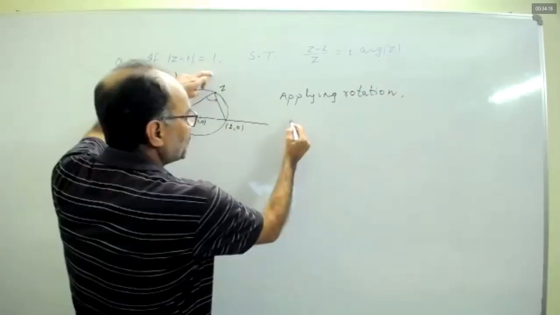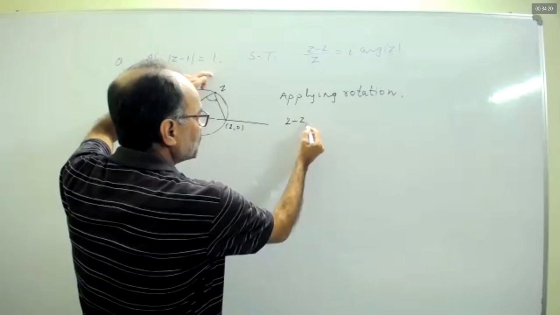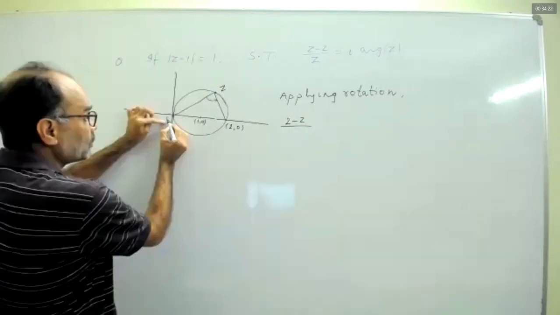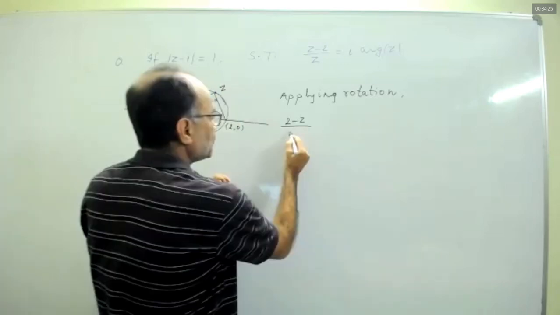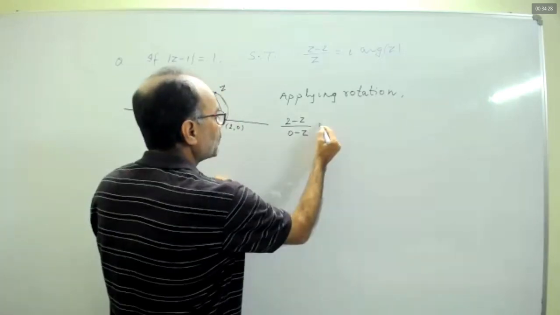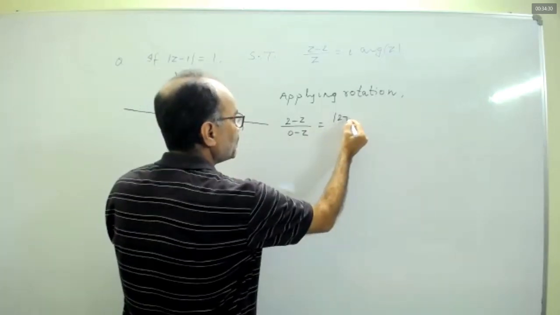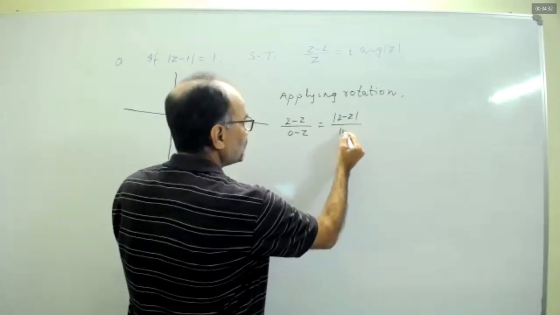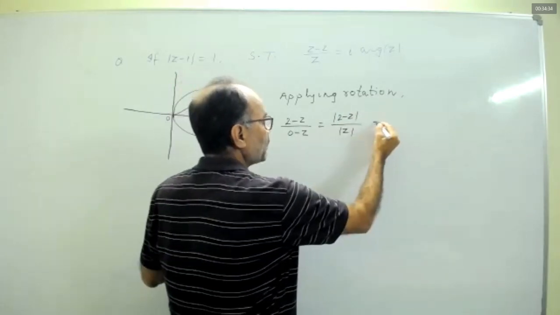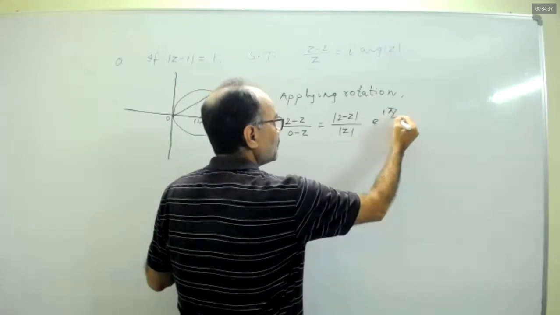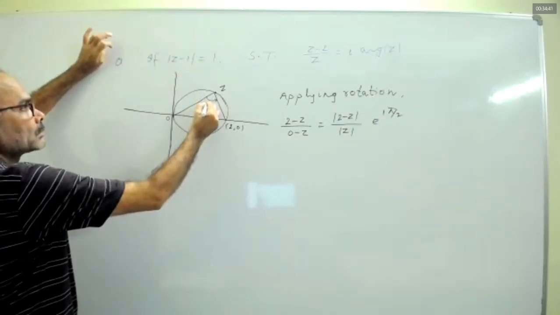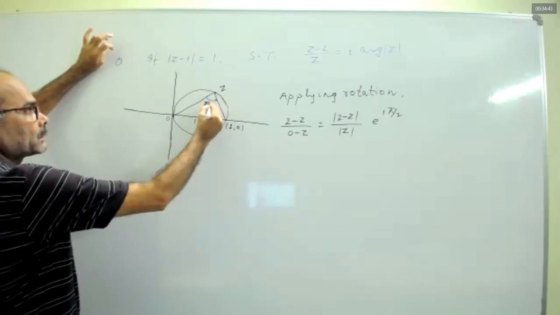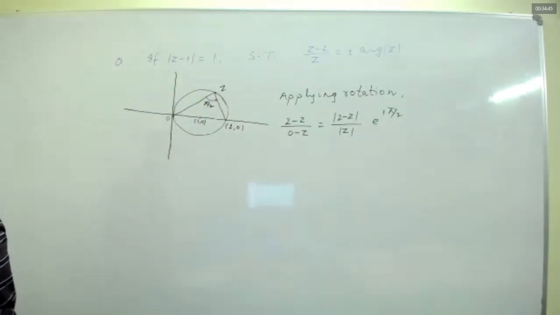Two minus z by z minus 0, where this is 0: 0 minus z equals mod of 2 minus z by mod of z times e to the power i pi by 2. The angle is pi by 2, subtended at the circumference.